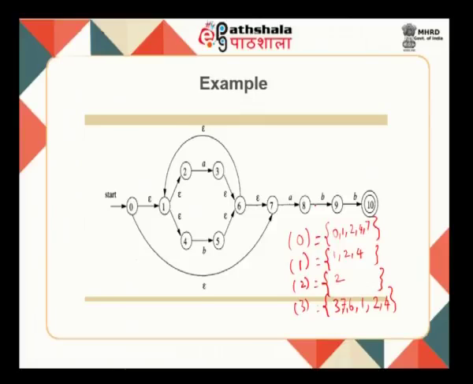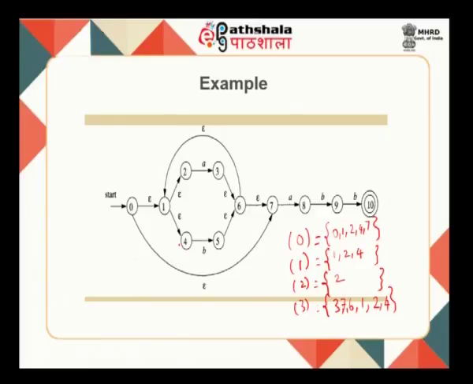So, definitely in my epsilon closure computation I should get 3 and 8 for sure. Epsilon closure of 8 is 8. Epsilon closure of 3 is going to be 3, 6, 7, 1, 2, 4.